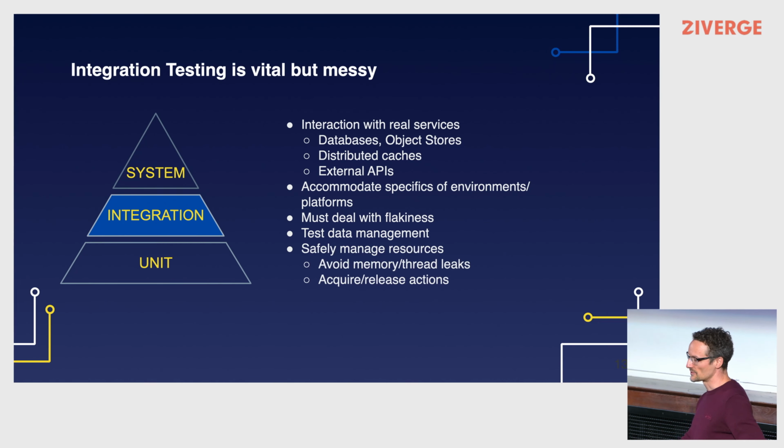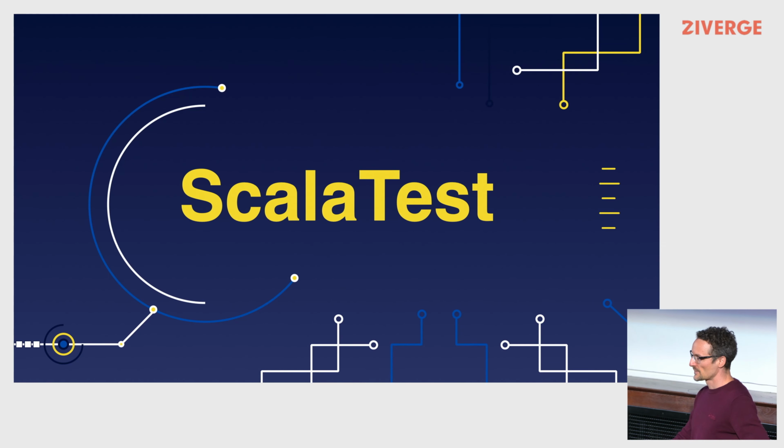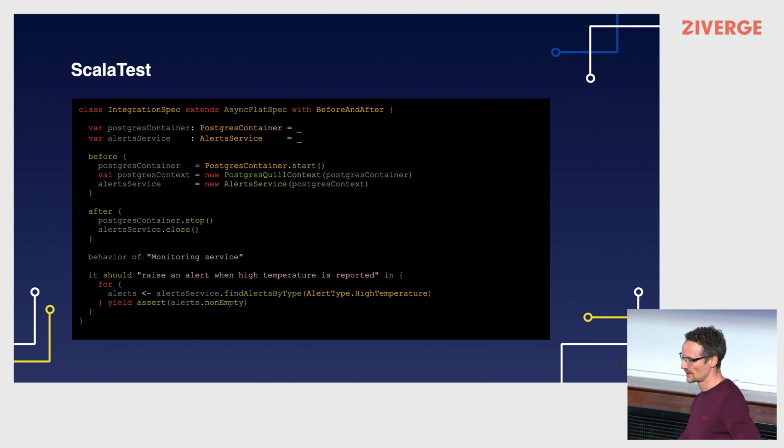And we need to do all this in a way that we don't leak resources like file descriptors, memory, threads, and so on. So we need to define, acquire, and release actions and run them at the right time. So let's see in the next section how ScalaTest tries to support us in integration testing.